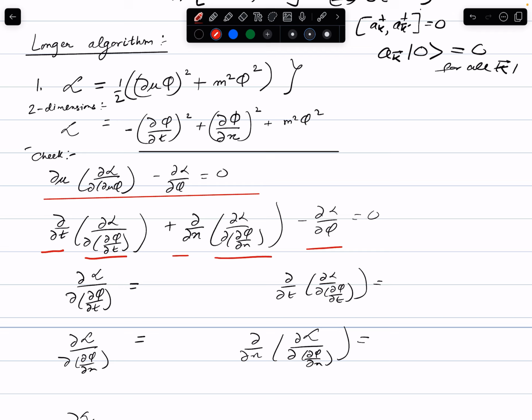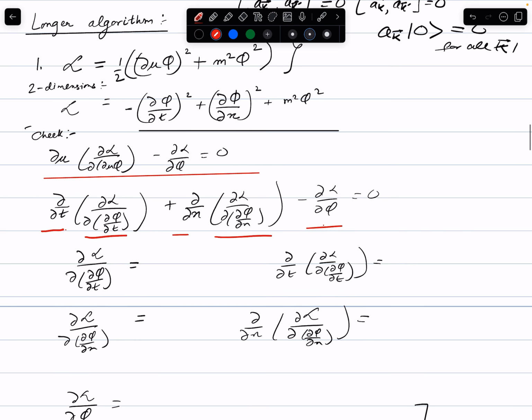The difference between this and a classical mechanics system is that the first term would still be there in mechanics, but the second term would not be there. In a field theory, this second term is there.